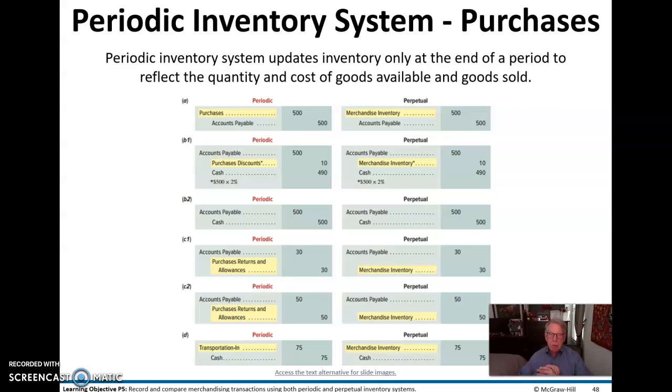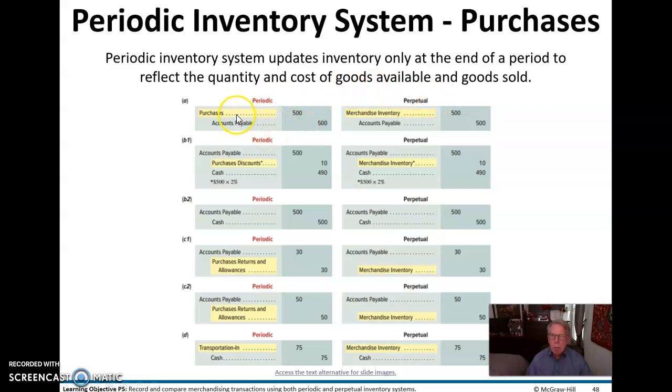I don't want you to have to memorize all this, but I do want you to understand what the differences are. We went through the perpetual inventory, but under periodic, remember, we're not going to know what those inventory amounts are going to be until the end of the period.